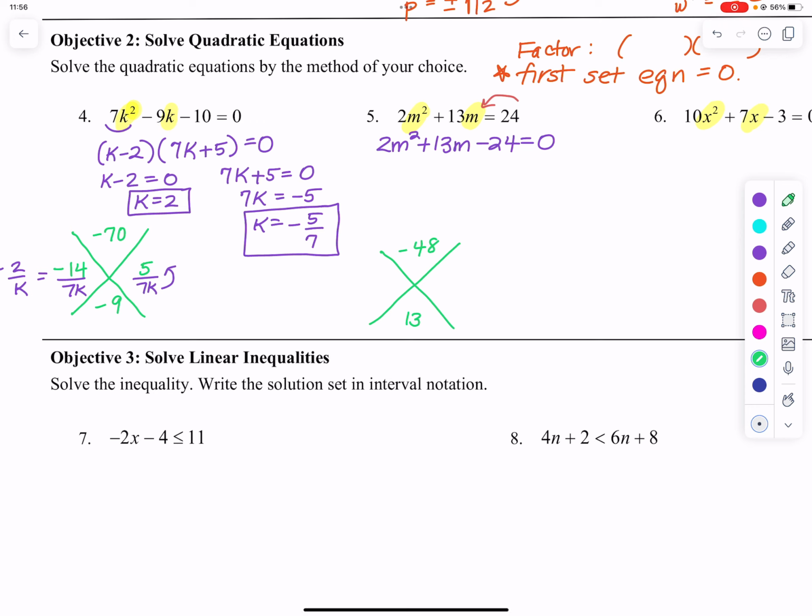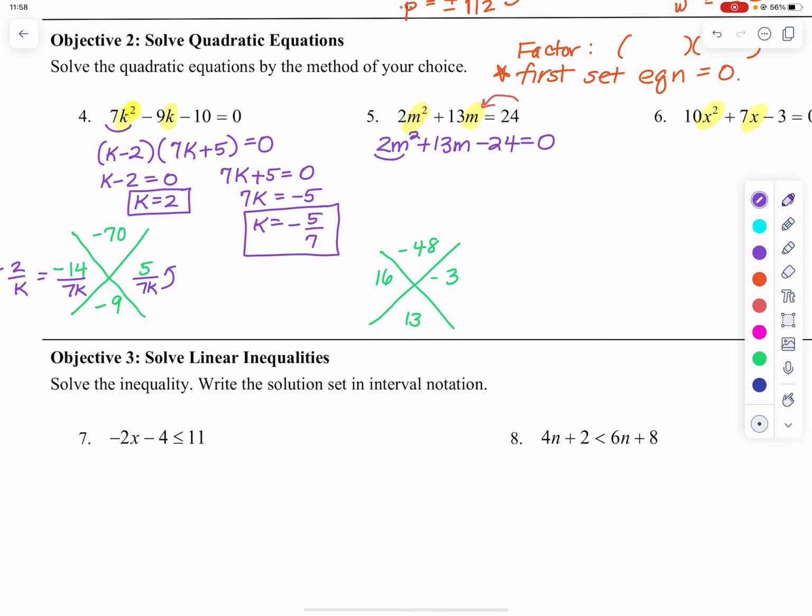So you can go ahead and take a look at a few numbers. You can probably see that we have a 16 and a 3, and 16 minus 3 is 13, and 16 multiplied by negative 3 is a negative 48.